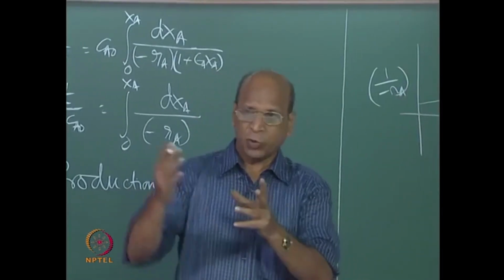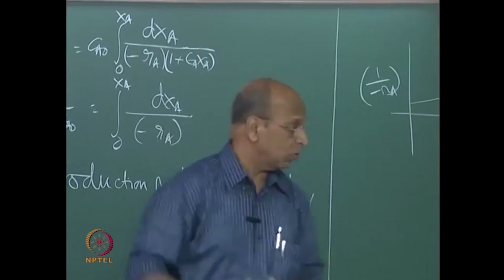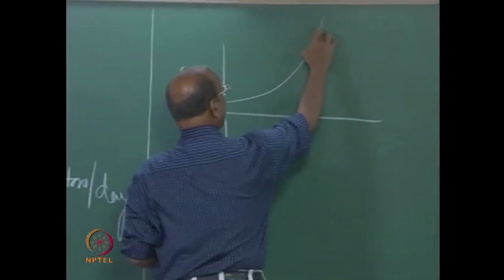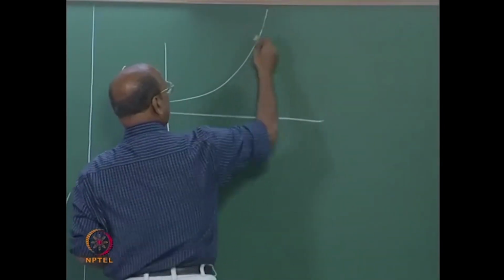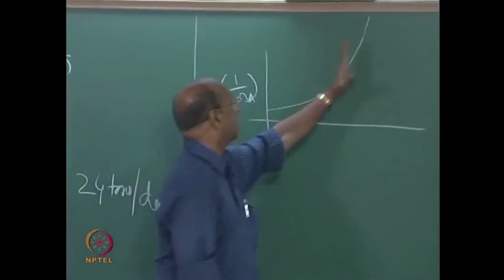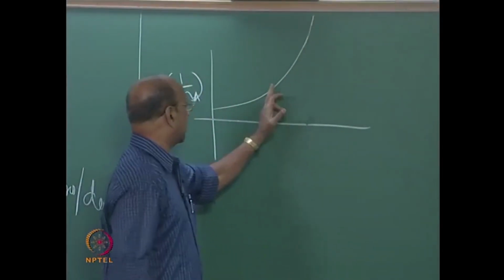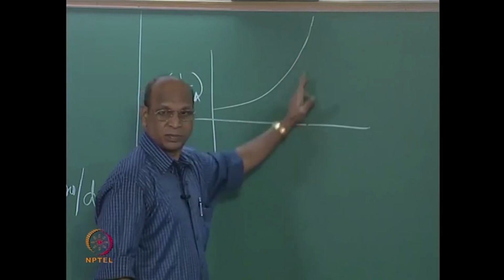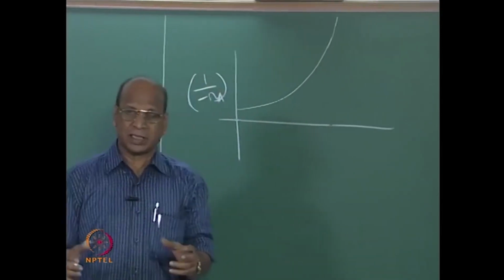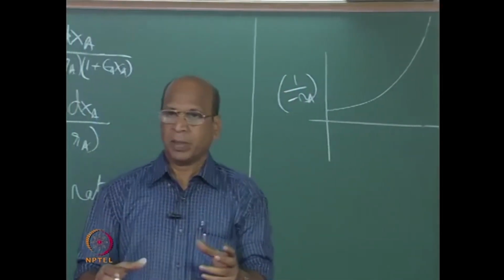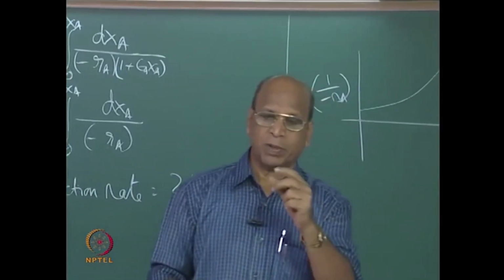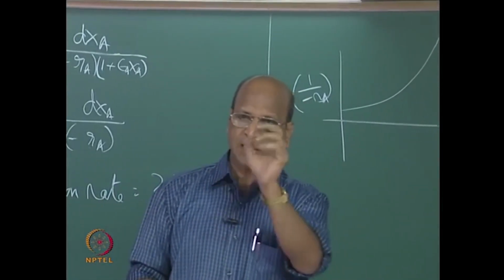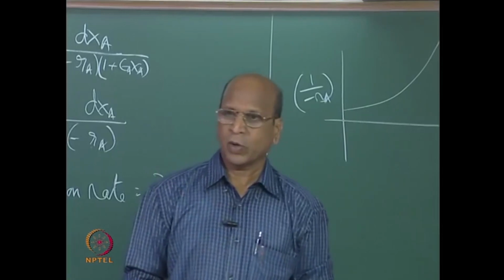So, if you come back a little bit slowly down this way, then you know that a lot of area increase will be there in this region, whereas here I will not have that much increase. That is where the economics in designing the reactor will come, because I may go to 99.4999 percent.